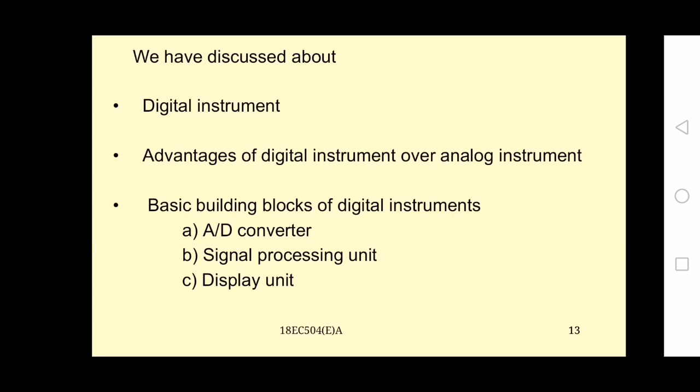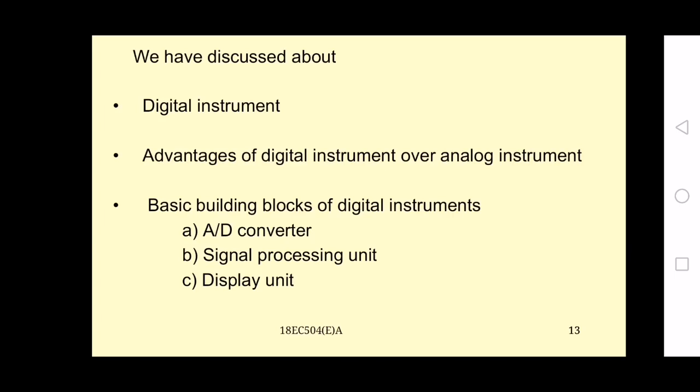And the advantages of digital instruments: if it is asked for 3 marks, you have to write at least 6. If it is asked for 1 mark, you have to write at least two advantages. The advantages are: accuracy is high, resolution is better, input impedance is high so there is no loading effect, and the reading speed is very high due to the digital display.